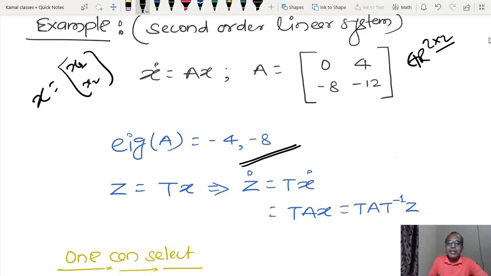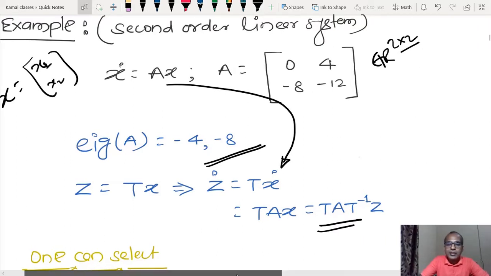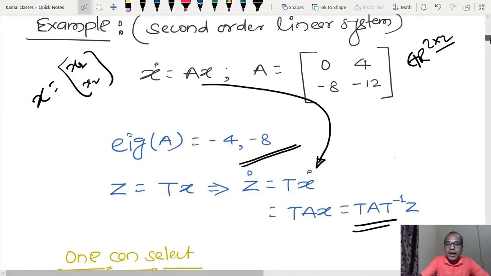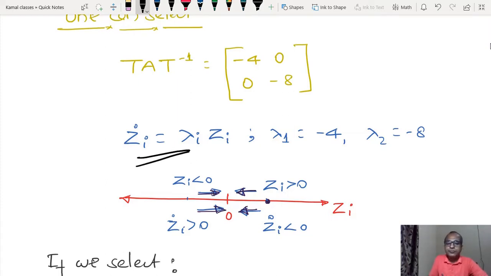In another way also, you can see that I can define some kind of transformation like z equal to Tx, and after that z dot is T x dot, and in place of x dot I substitute Ax. Now I select the transformation such that I can write T A T inverse like [-4 0; 0 -8]. Then the second order equation is reduced to first order equations.